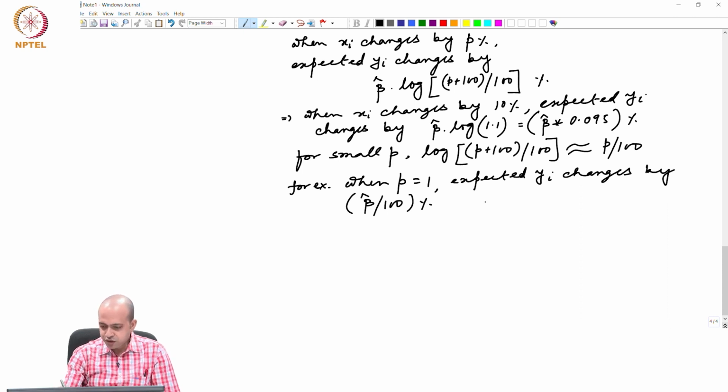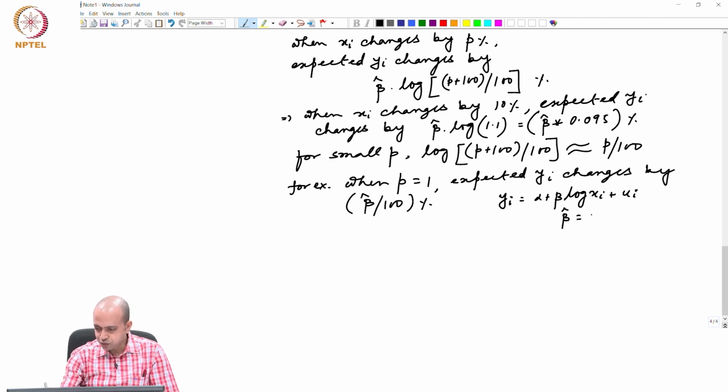Let us say after estimating your model, yi equals alpha plus beta log xi plus ui, you estimated beta hat equal to 0.50.